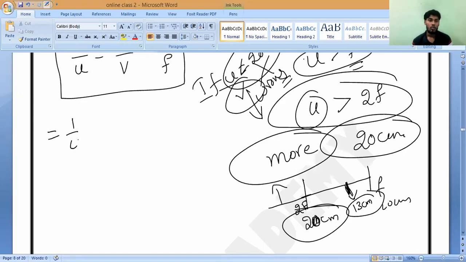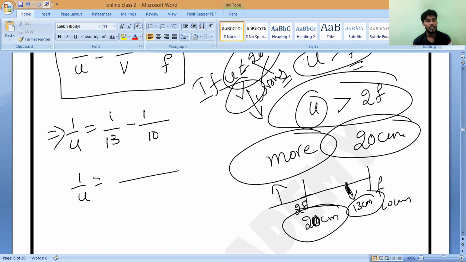Tell me, Arya. 1 by u is equal to 1 by v. How much, plus 13 or minus 13? Real image, correct? Real means plus 13. Next, this is also plus 10. So now you do it fast. What is the LCM of 13 and 10? 130.